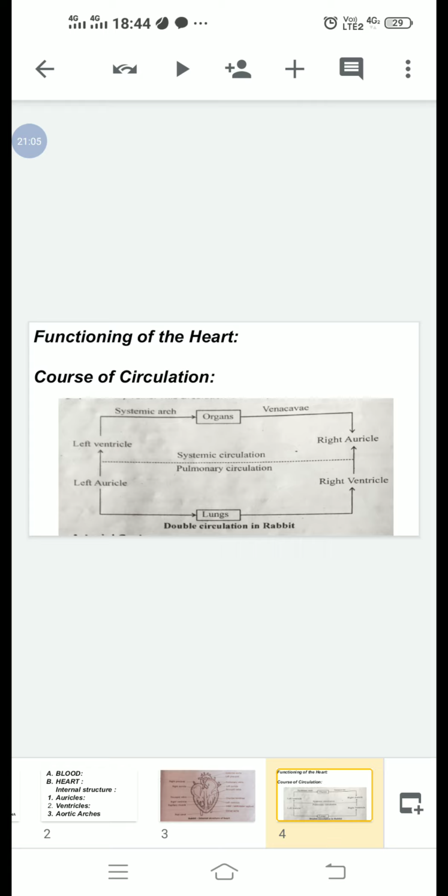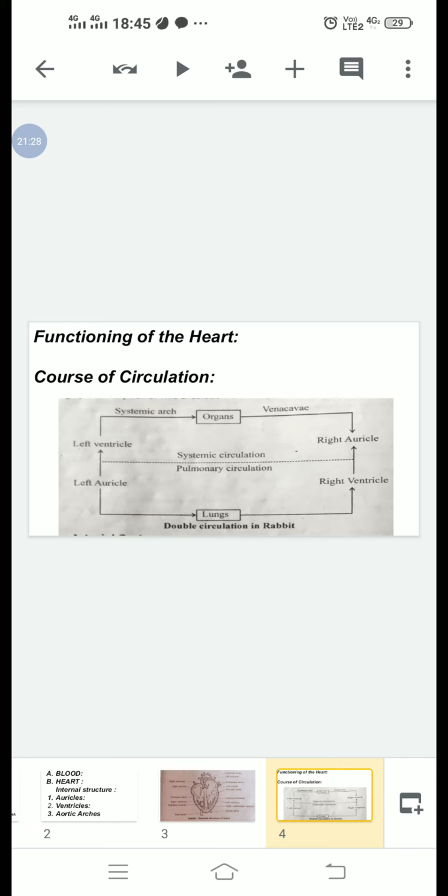The contraction starts from the auricles. The right auricle receives impure blood from the parts of the body through the precaval and postcaval veins.